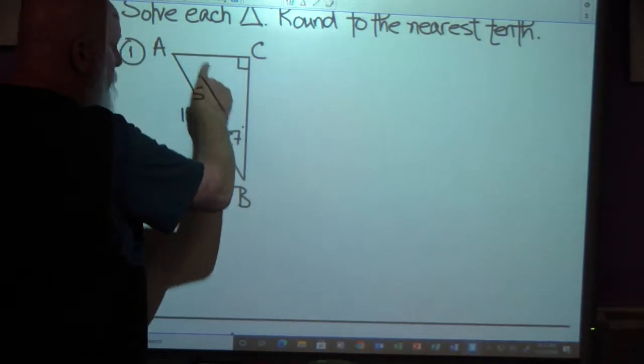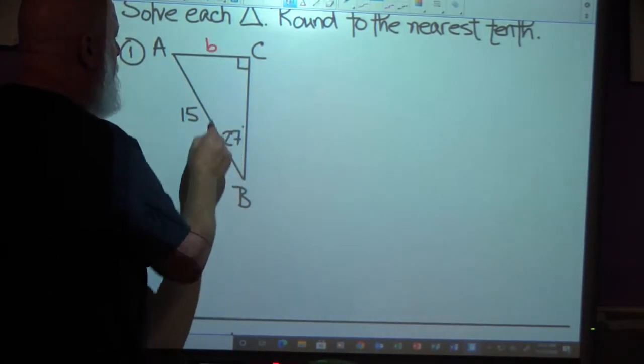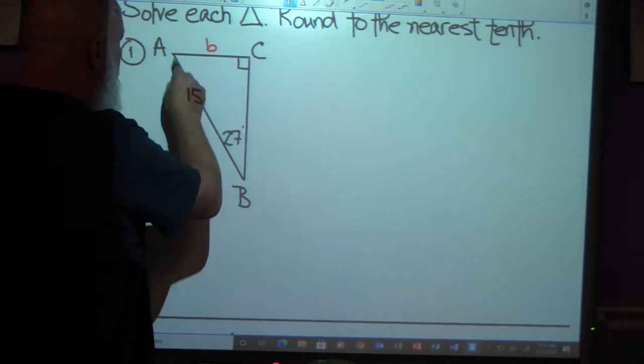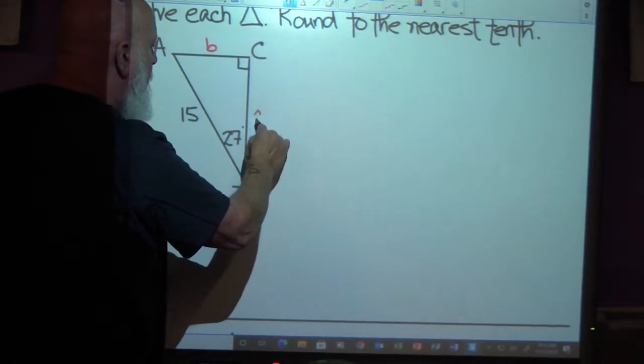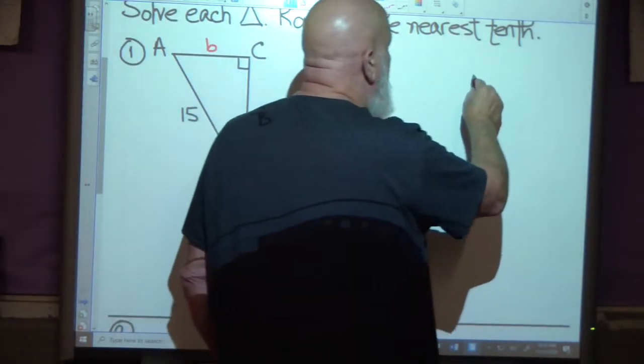I am looking for side B. I'm looking for side A. And I'm looking for angle A. So I'm going to write those down over here.